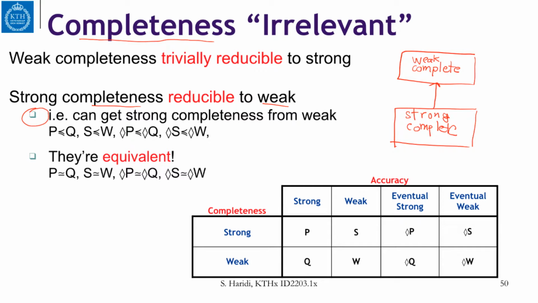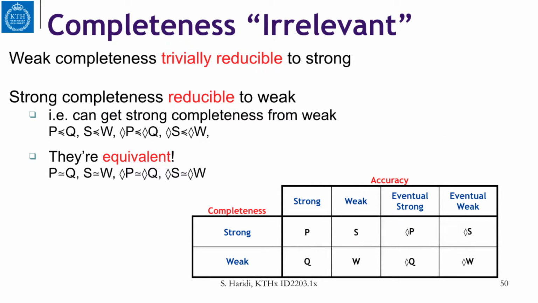It means P is reducible to Q, S is reducible to W, diamond P is reducible to diamond Q, and diamond S is reducible to diamond W, and thus they are equivalent. So P is equivalent to Q, S is equivalent to W, diamond P is equivalent to diamond Q, and diamond S is equivalent to diamond W.